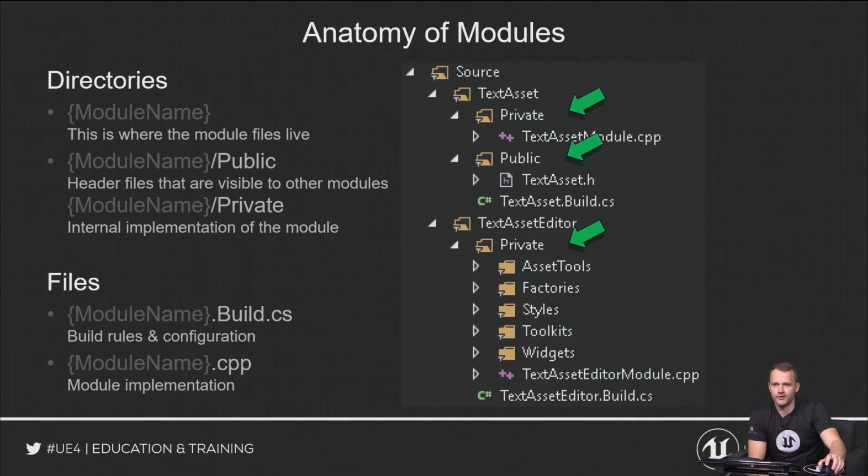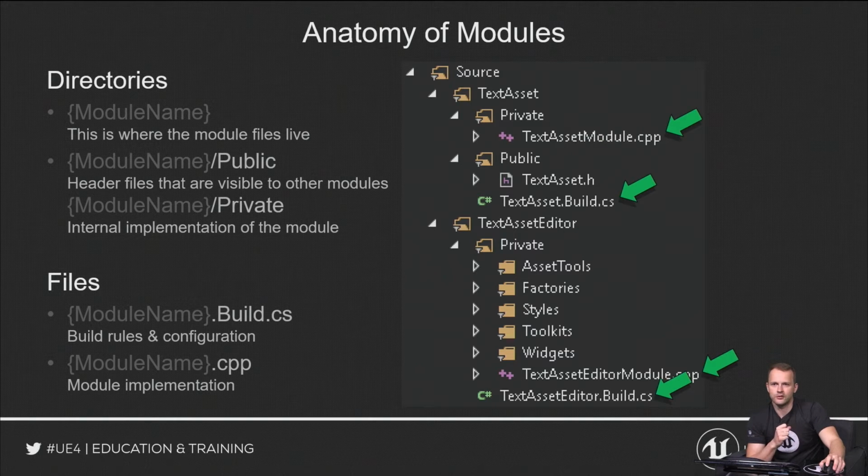And just as a quick refresher, remember that each module generally consists of private and public directories. The private directories contain the module's code files that are internal implementation details, and then public files are usually header files that export types and functions to other modules, so they can be used there.